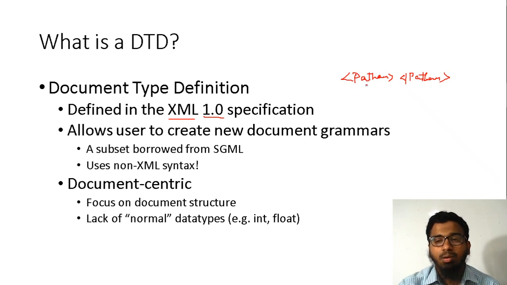If you say L name tag, there should not be a gap in it. It should be meaningful, like last name. Like that we need to create a new document grammar.